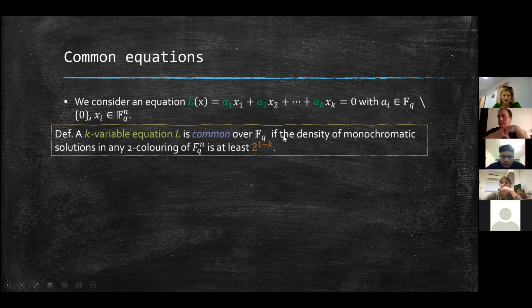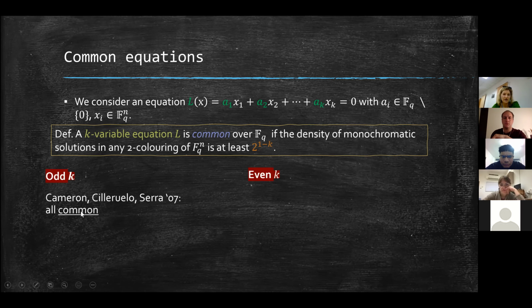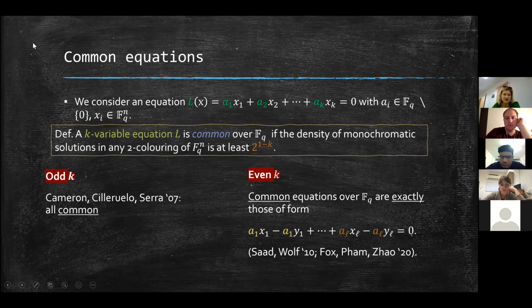So this is the definition for a single equation. And now we've seen already that for odd k, so for odd number of variables, all equations are common. But now, in case you had any doubts about the interestingness of this definition, here's a very nice characterization of exactly which equations on an even number of variables are common.